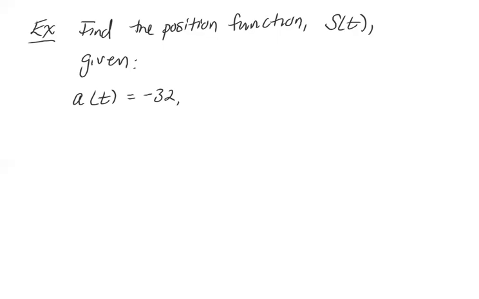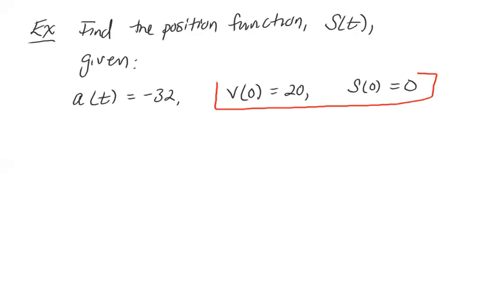Given that the velocity at time 0 is equal to 20. And given that the position at time 0 is equal to 0. Okay, so I'm given here two initial values. These are what we would call the initial values.